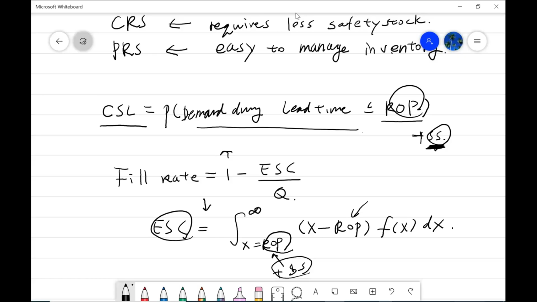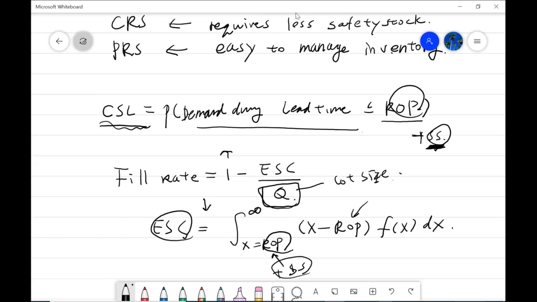Okay, so definitely I can say that to increase the fill rate and the cycle service level, you have to increase safety stock. On the other hand, there is something that you have to pay attention to. That is this one, Q. What is this? This is the lot size, the order quantity. Okay. But under the cycle service level, we don't have it.